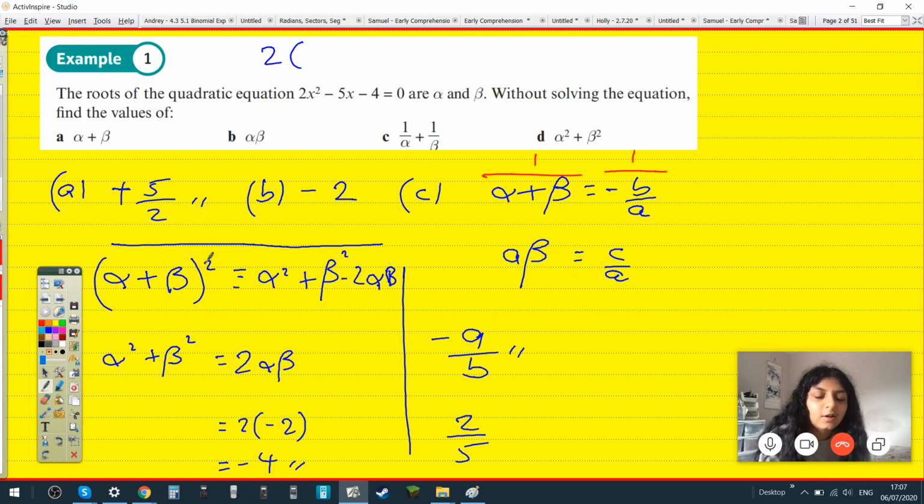Oh, you have to do alpha plus beta squared minus 2 alpha beta. So it should be alpha plus beta squared minus 4. Yeah, because when you rearrange this equation, you have to have the alpha plus beta bracket squared in the equation.